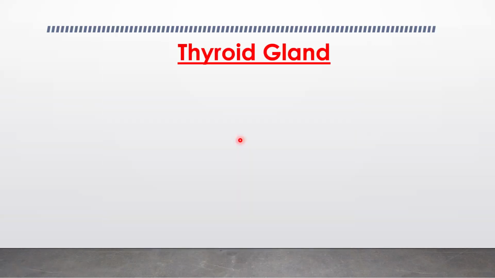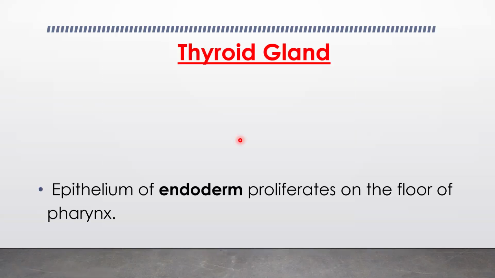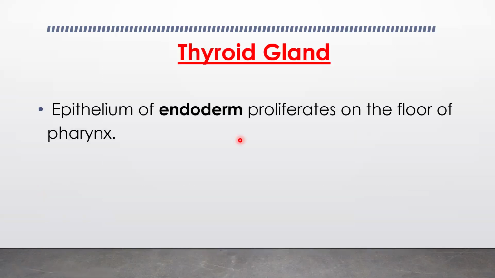Now, regarding the embryological aspect of the thyroid gland, the tissue of origin of the thyroid gland is endoderm. That one should be noted well. That is the parenchymal aspect.